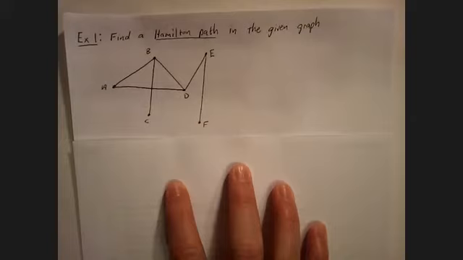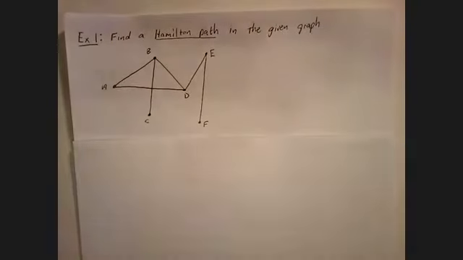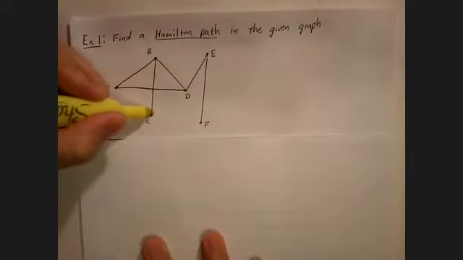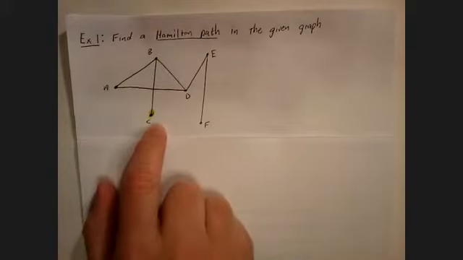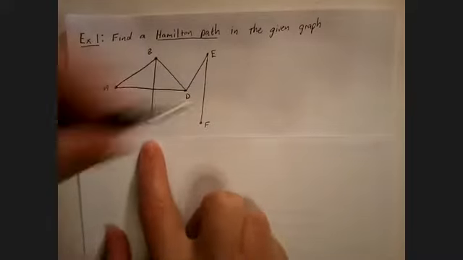We need to go basically through every single vertex. I'm going to start at C first. That's my starting point. Since I'm only finding a path, I don't have to come back to C. In fact, I don't think we could. So here we go. I'm going to start with C.